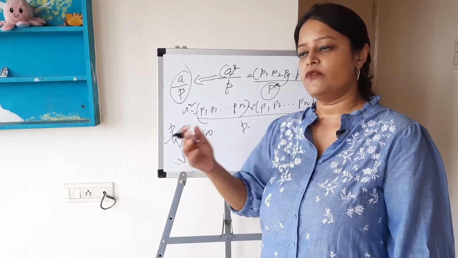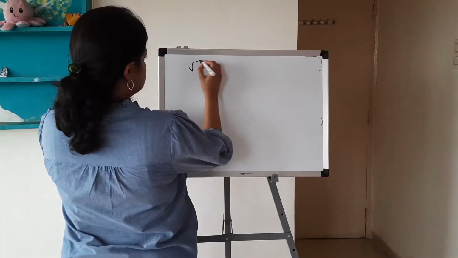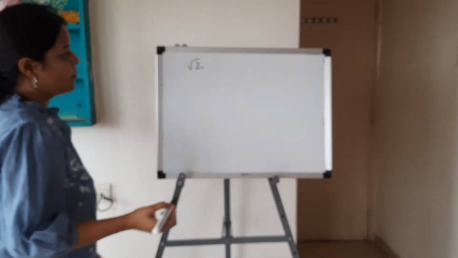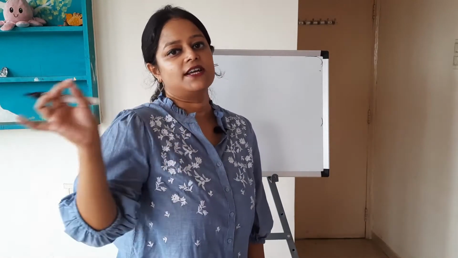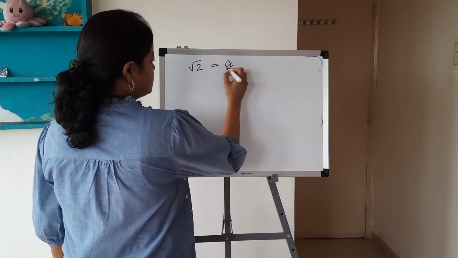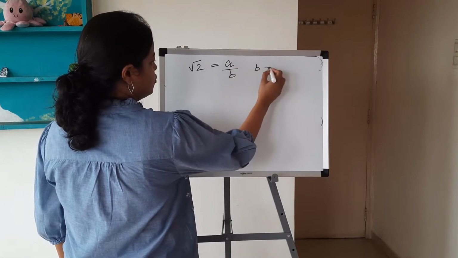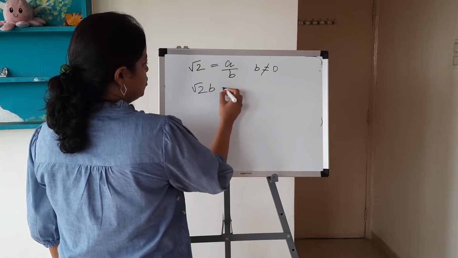What we do is first try to contradict it. We take the assumption that it's actually rational. If it is rational, it can be expressed as a divided by b, where b is not equal to 0. So root 2 times b is equal to a.